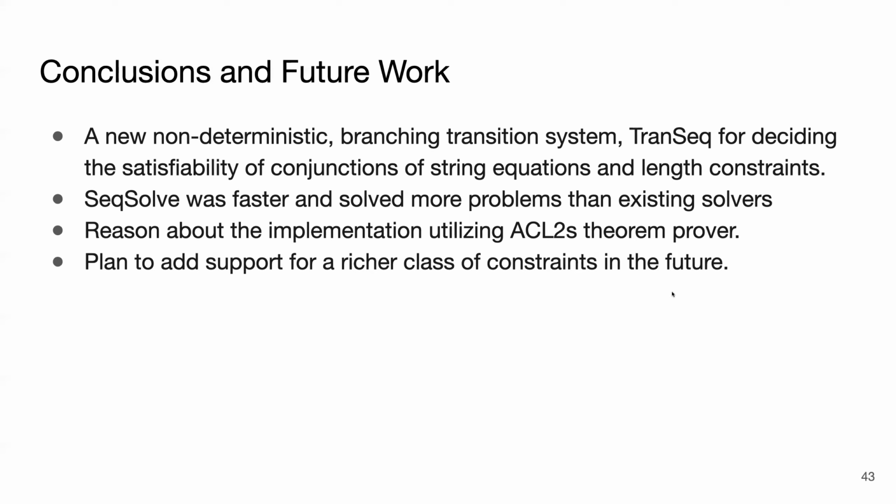So that is currently under the works. And we also want to reason about the tool itself. Right now, most of the rules that we use are formalized because they're written in ACL2S.